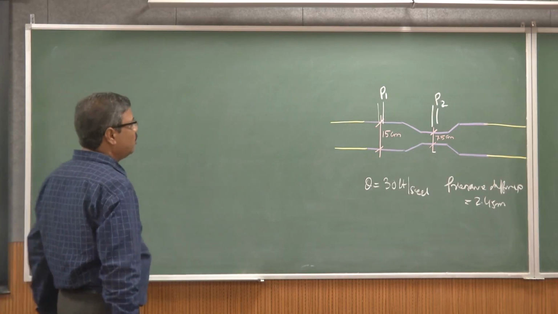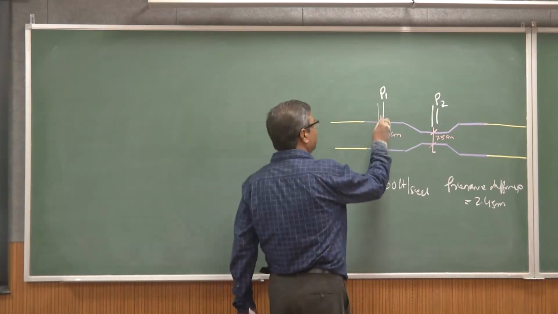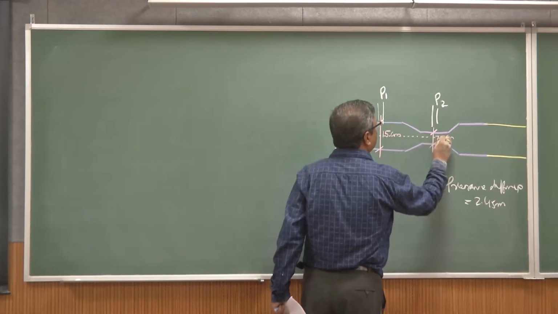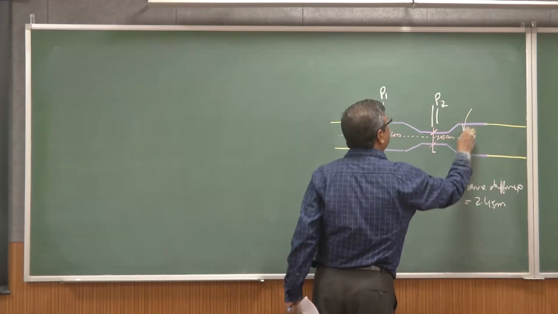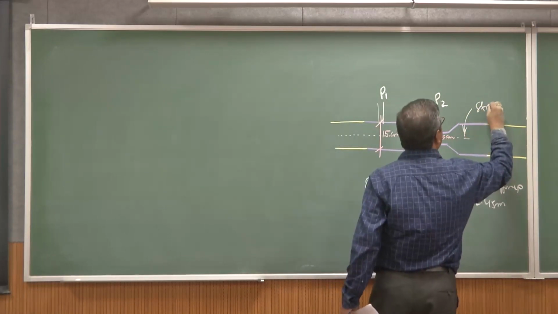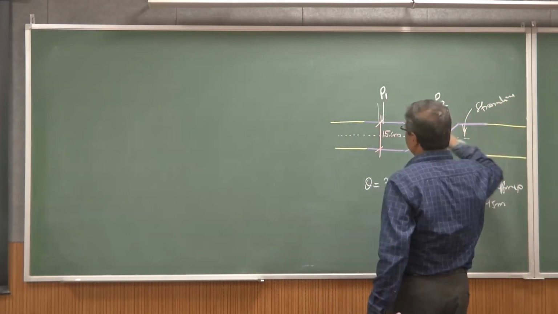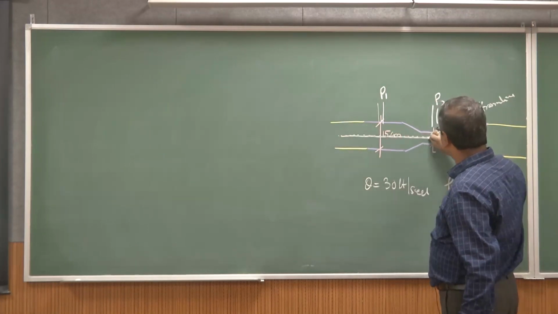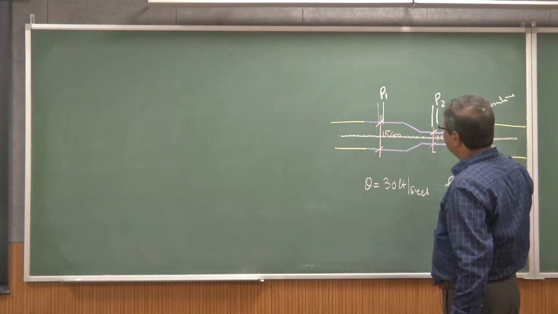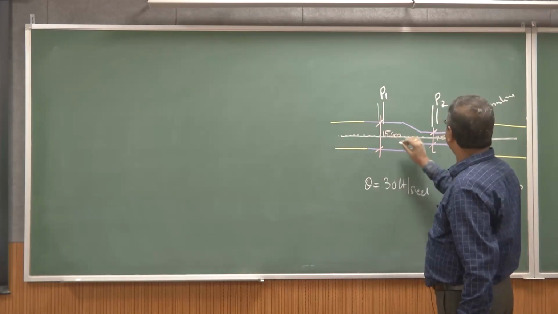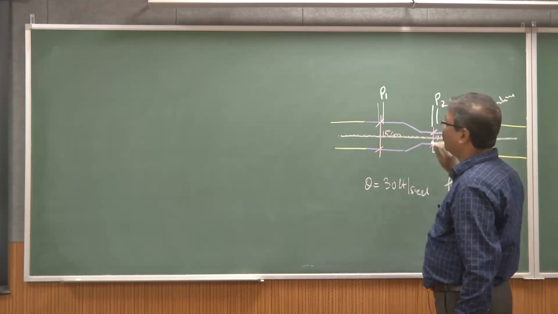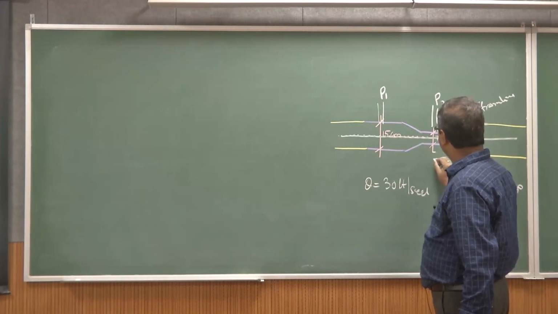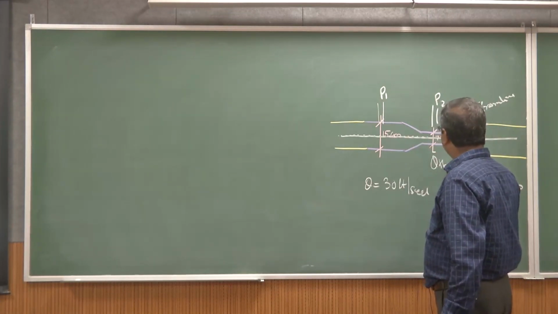We have to find the discharge coefficient of this venturimeter. Again, we draw a streamline, taking the central flow path as the streamline, and along this streamline we can apply Bernoulli's equation to find the Q theoretical value.